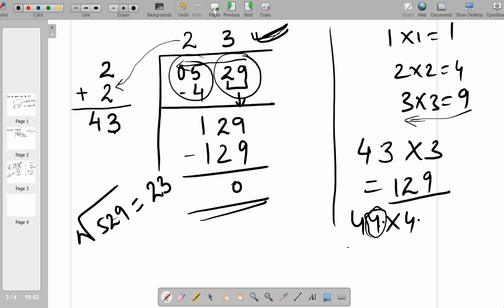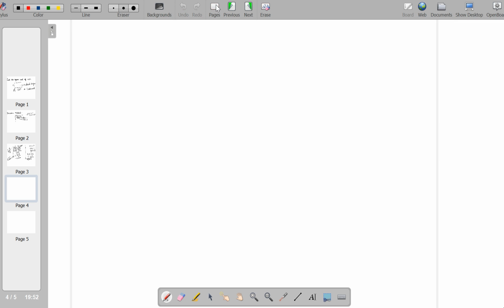Now let's do one more question so that there is no confusion in the method. I'm taking a bigger one. Find the square root of 104976. So how many digits is this? 1, 2, 3, 4, 5, 6 digit number.